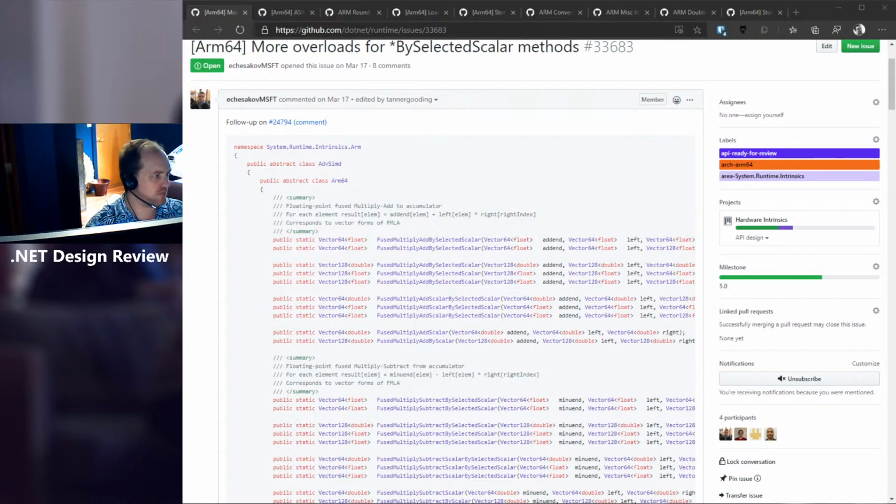Okay, so we're going to have a multiply scalar and multiply by scalar. Yes, multiply-scalar does left 0 times right 0, whereas multiply by scalar does left 0 through left count times right.